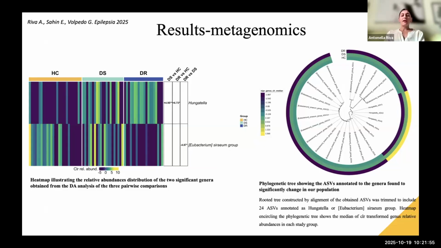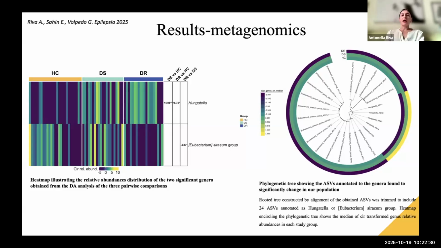Of course, the name is different from the name that we saw in the rats, as the bacterial species are completely different in the mice versus the human, but also these bacteria are responsible for the production of short-chain fatty acids. So once again, we found out that a reduction of these bacterial species, which are producing beneficial substances such as butyrate, may be linked to drug resistance in epilepsy.